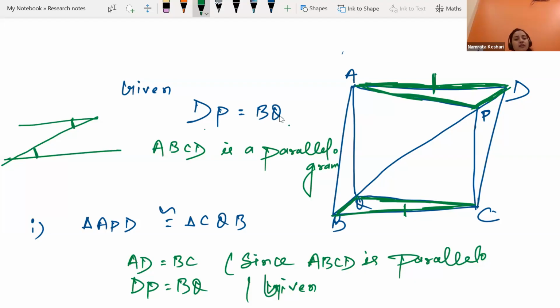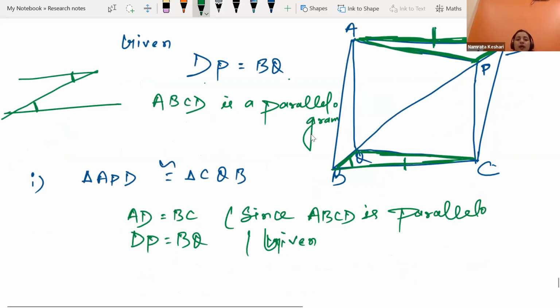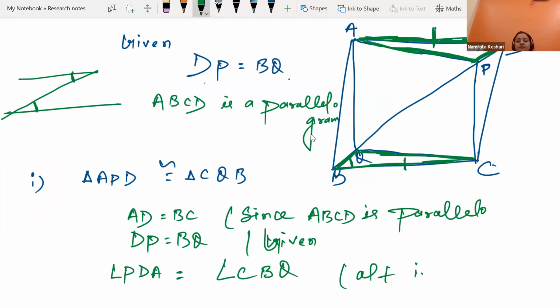Yes, ma'am. This angle over here and this angle over here will be equal. So let's write it. Angle D is equal to angle B, alternate interior angles.